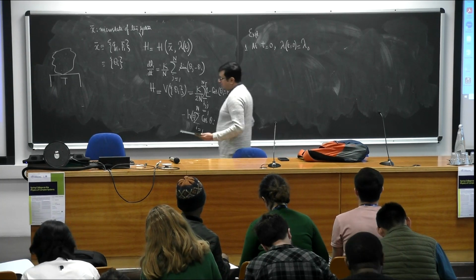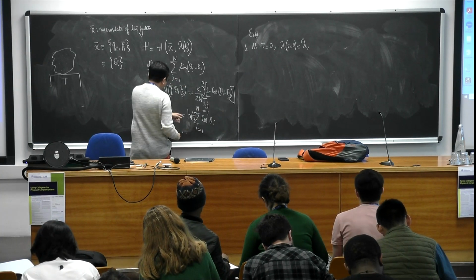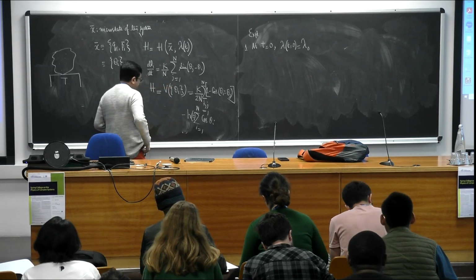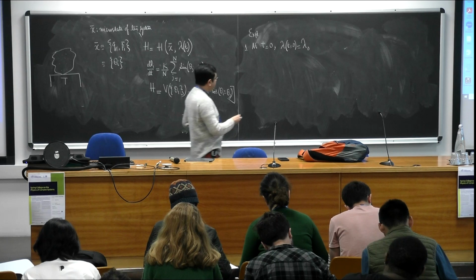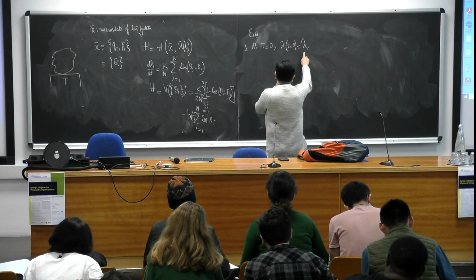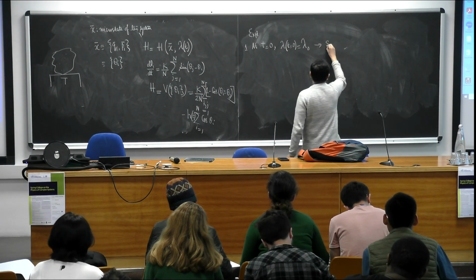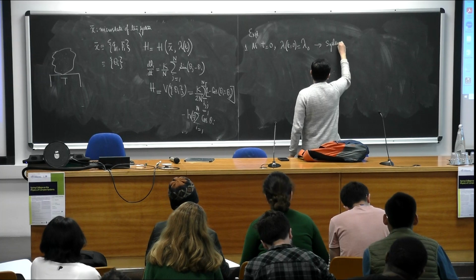What we do is that I first turn on the magnetic field, keep it fixed at a certain value, and let the system equilibrate at that value. Okay? So at lambda of t equal to lambda 0, the system comes to canonical equilibrium.